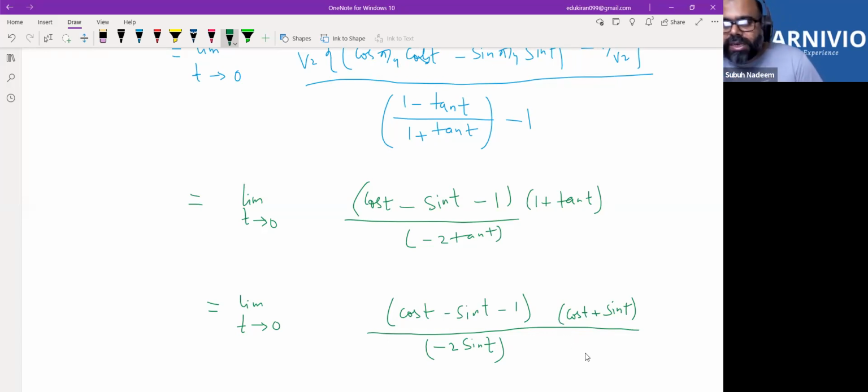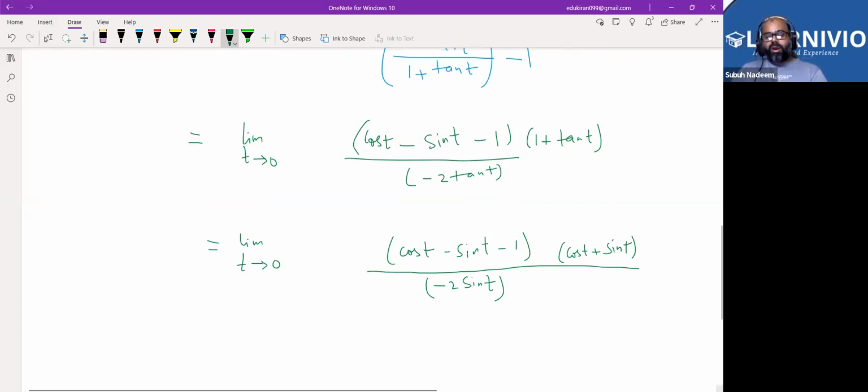Now, one trigonometric formula we have to anyhow apply. That formula is: minus sin t we will take as it is, minus 1 minus cos t. So for these two values, there is a formula: 1 minus cos t is 2 sin square t by 2. I think you might remember that formula.